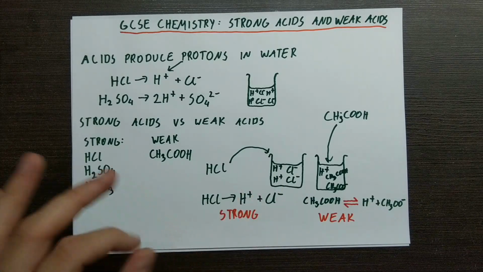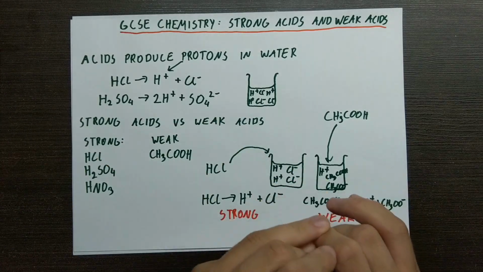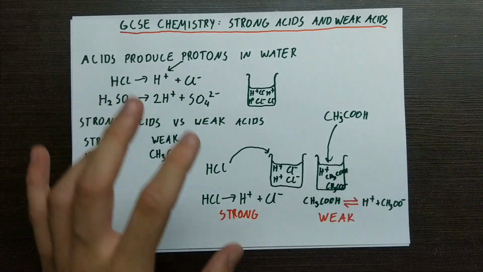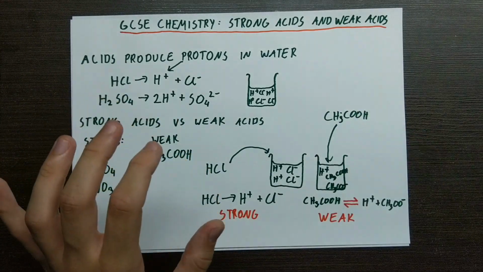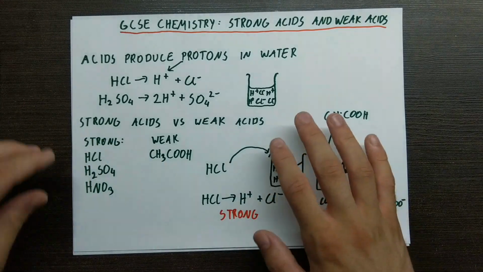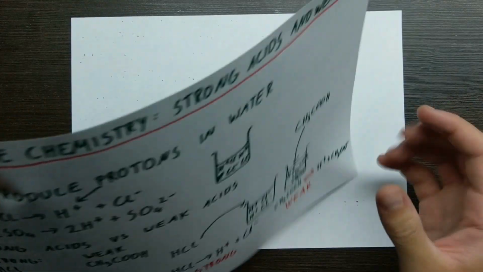And that's true. If we have two acids at the same concentration, strong acid has a lower pH than the weak acid. But this is only true in cases where the concentration is exactly the same. Now, what am I talking about here? I will explain to you the difference between concentration of acid and the strength of acid.